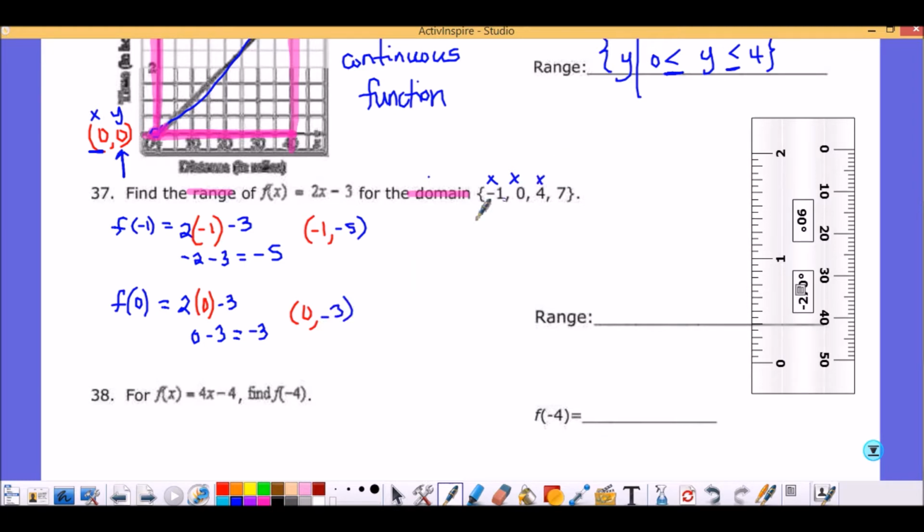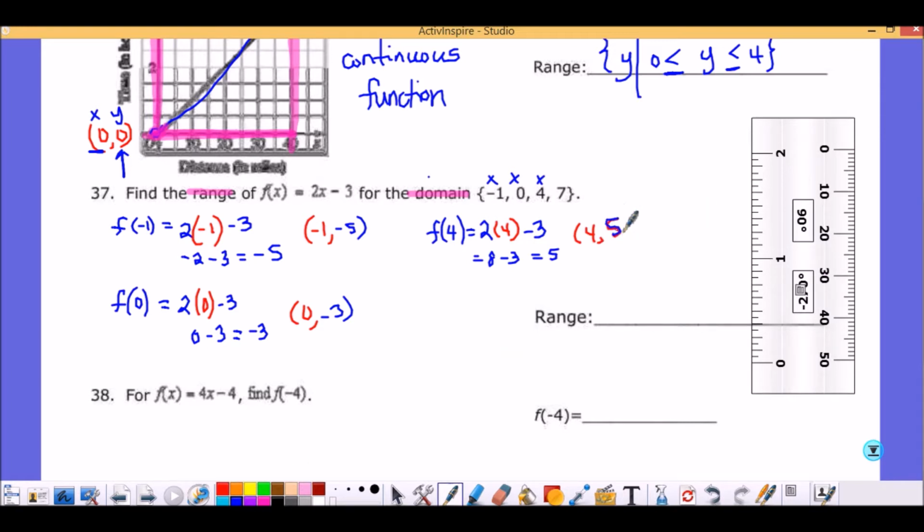Now what if I want x is equal to 4? That means every time I see the letter x, I want the number 4 in its place. So then I'm going to now solve when x is equal to 4. So this is going to be 8 minus 3, which is 5. So this means (4, 5).